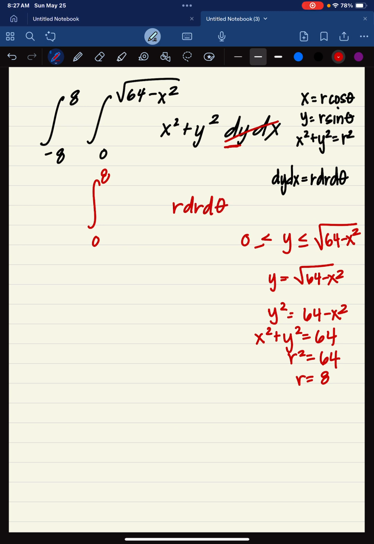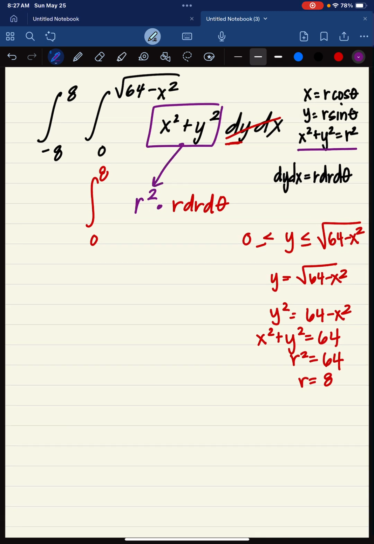Now here, I have x squared plus y squared. I know that x squared plus y squared is r squared. So that is how the x squared plus y squared is going to play out. It's just going to be r squared. All right, so let's graph it. I know that this is going to be a circle with radius 8. So it's going to go 8 this direction all the way around.